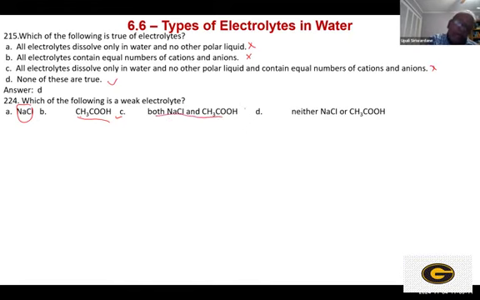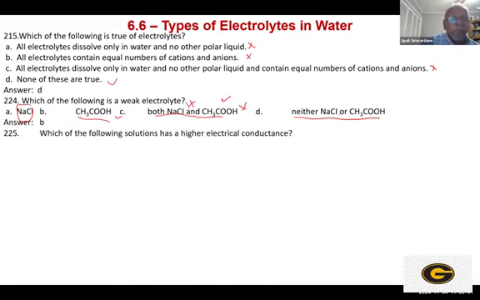This is a strong electrolyte, that's not true. This one is true, but combined with a negative, positive, altogether becomes false. Neither is also not correct. Therefore, the weak electrolyte is B.